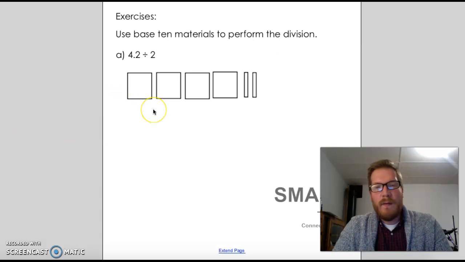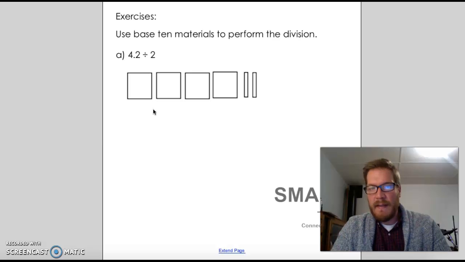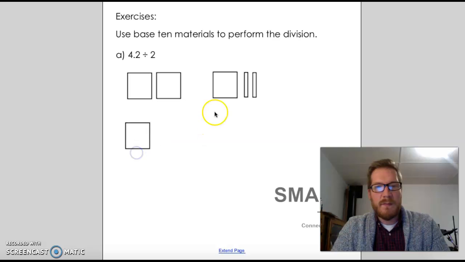Okay, so then a bit of extra practice. And again, you're welcome to pause this if you would like and try it on your own. But we are going to be needing to divide these 4.2 into 2 equal groups. And so what I'm going to start doing is just reorganizing some of our stuff.